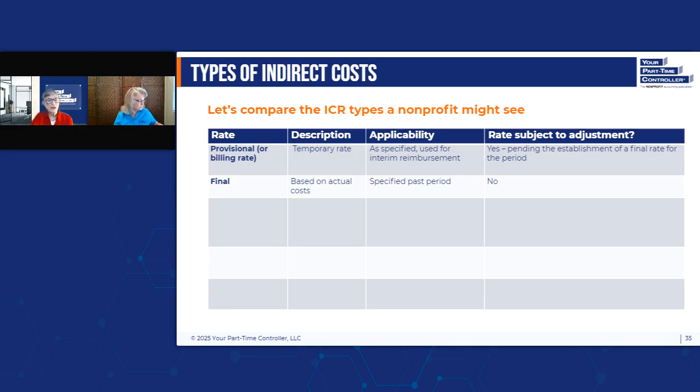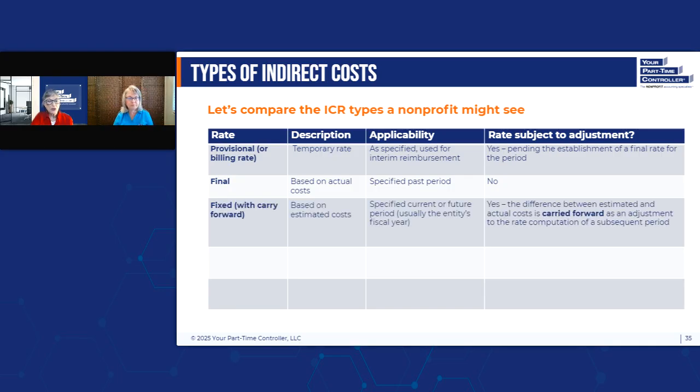There are also fixed rates that apply when the nature of the work does not change significantly and are typically used for projects of shorter duration. There's a carry forward feature to this rate, which means the difference between the approved rate and the actual rate carries into the following year. It's pretty clumsy.